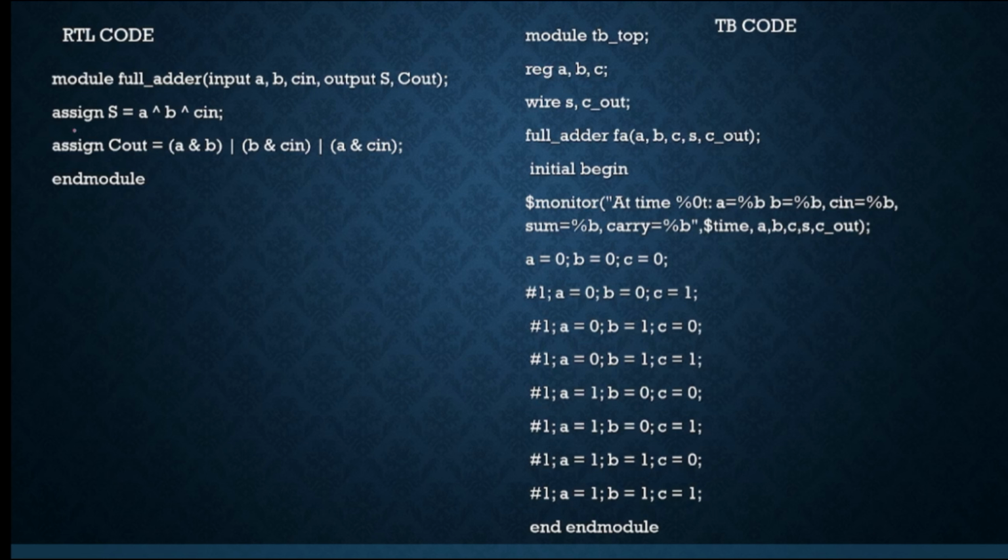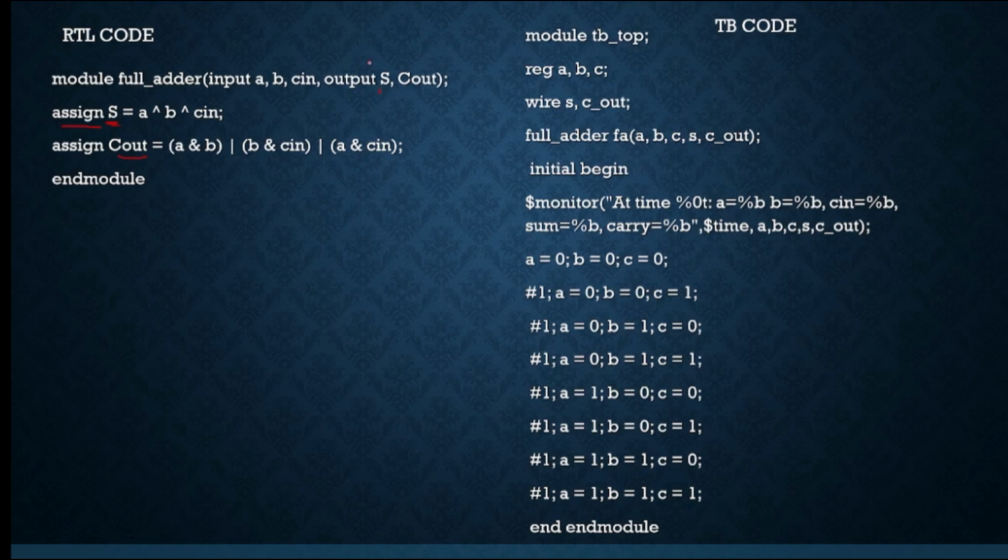Since you are writing data flow modeling, what is the most important thing you need to remember? You should use the keyword assign. And one more important thing you should remember is this s, whether it is s or cout, any LHS variable should always be wire.